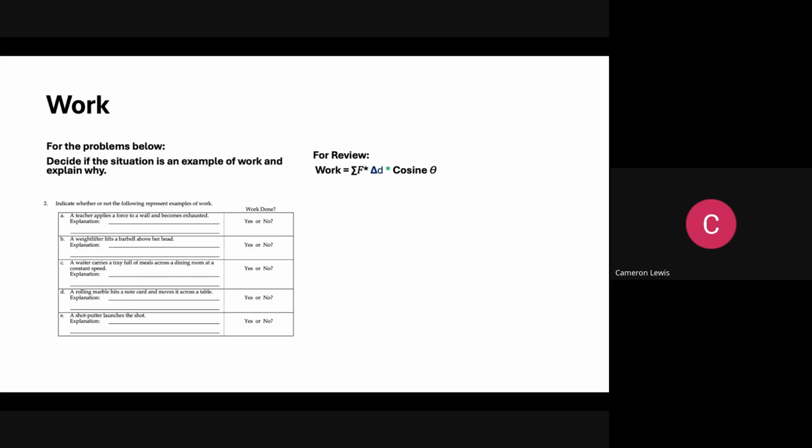There's a difference in distance between the top of your head and your arm extended straight up. So that force is being exerted over some distance. Is there work being done? Yes. So for the first one, no; for this one, yes.